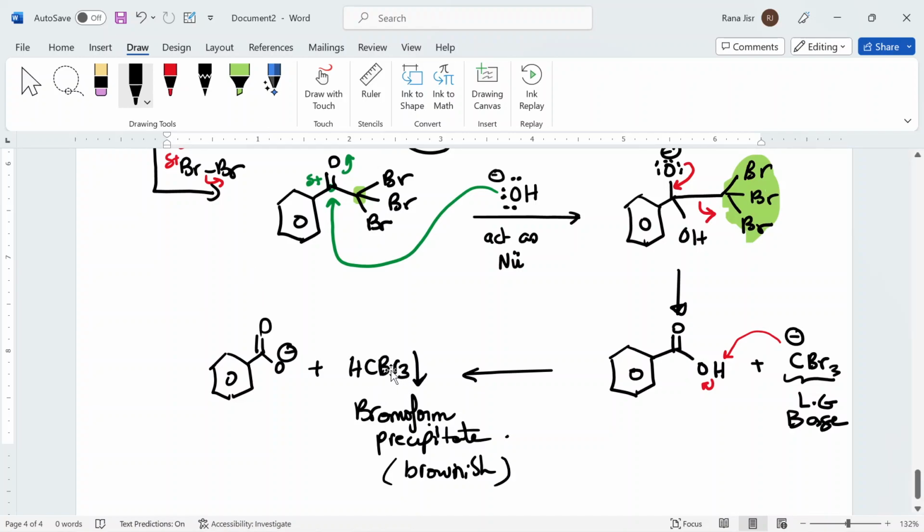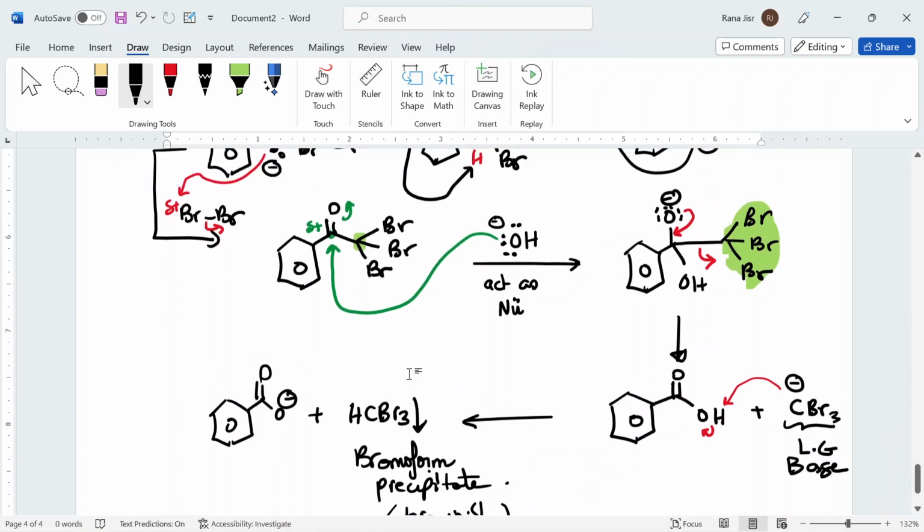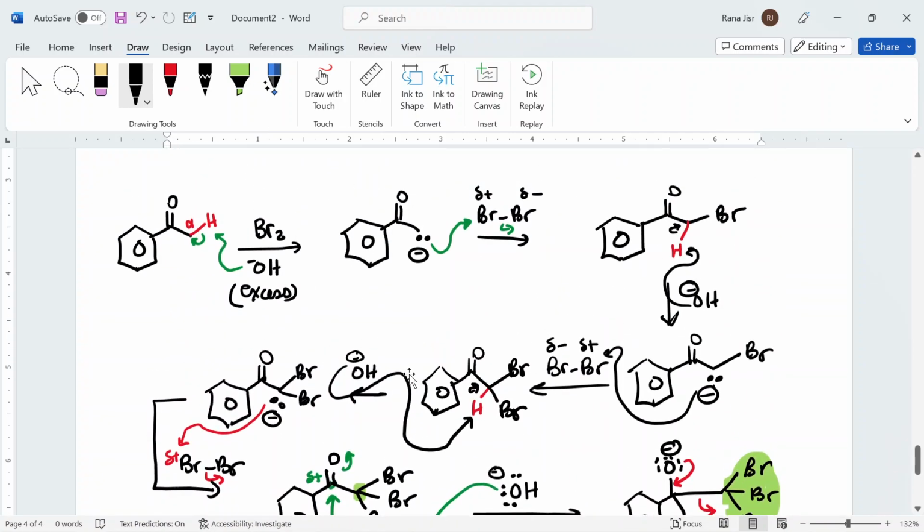And the color of the precipitate changes with changing the type of the halogen that you are working with. So if you're using iodine, it's going to be called iodoform now. It's going to be a yellow precipitate. This type of reaction we use in order to identify methyl ketones.